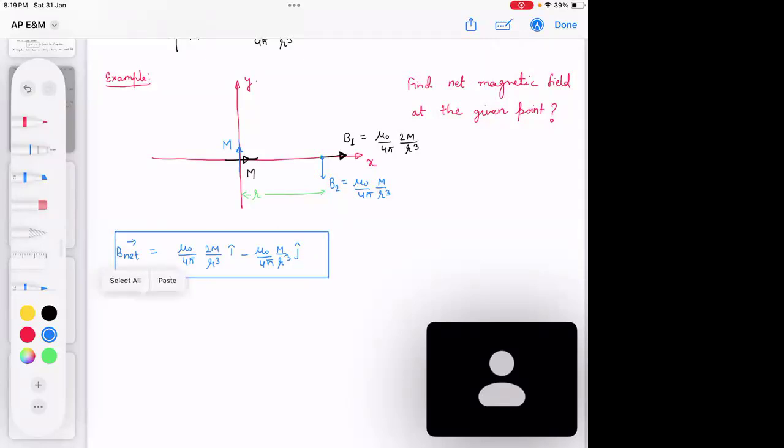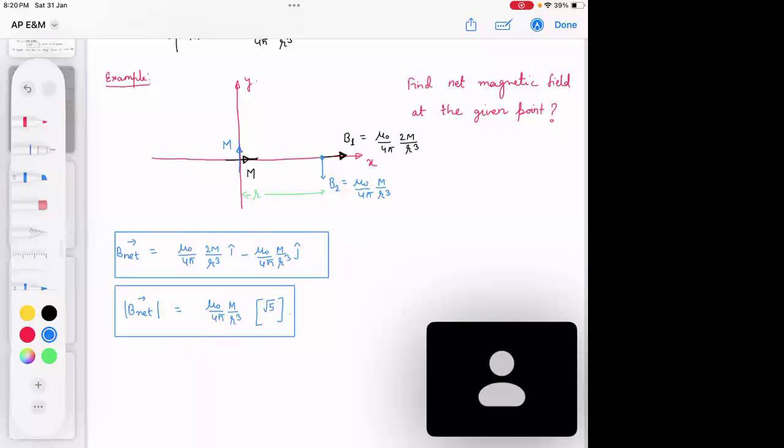If the question only asks for the magnitude of the magnetic field, we will find the magnitude. Mu naught by 4 pi, m by r cube are all common, right? Under root of 2 square plus 1 square, so root 5 will come. Understood? So this is the net magnetic field at this point.